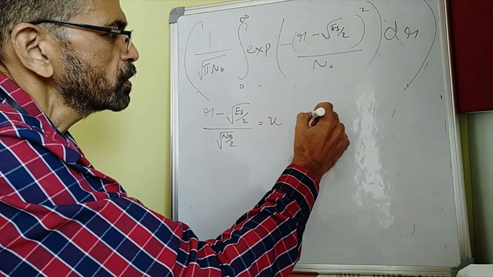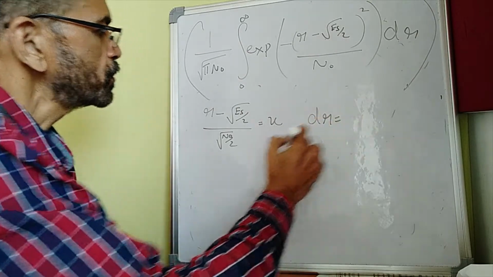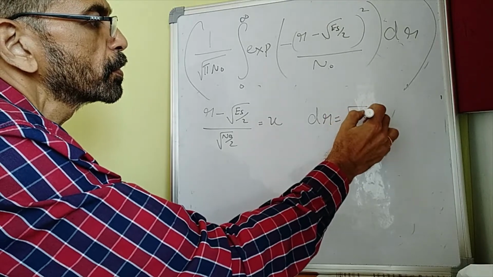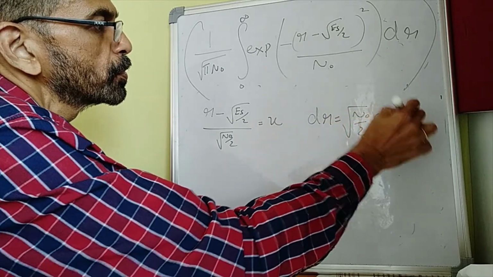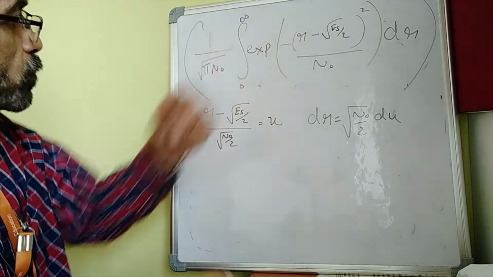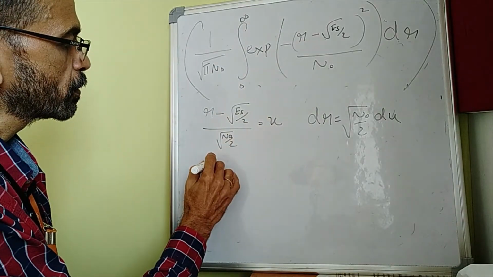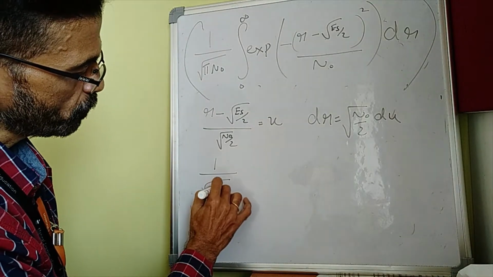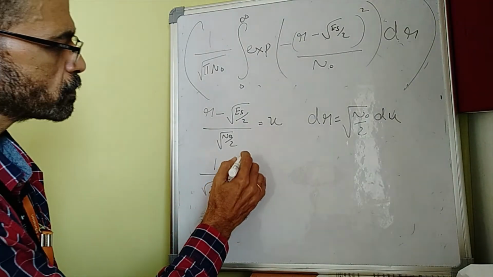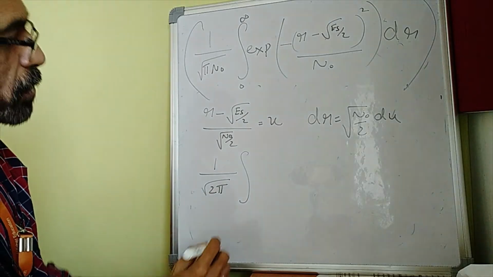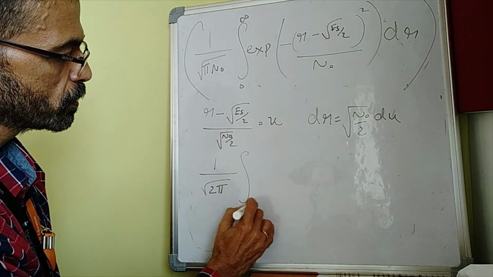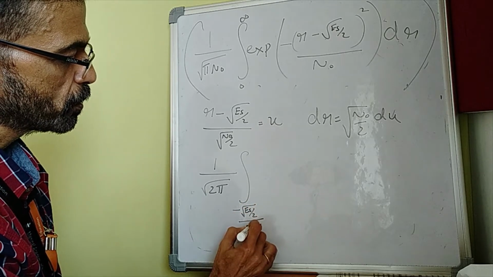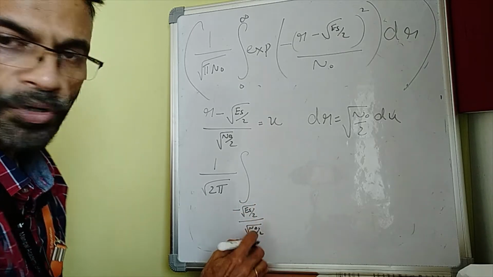Let's make this substitution so that dr is equal to root n0 by 2 du, and when you make the substitution here, you will get 1 by root of 2 pi. Lower limit becomes minus root Es by 2 divided by root n0 by 2.